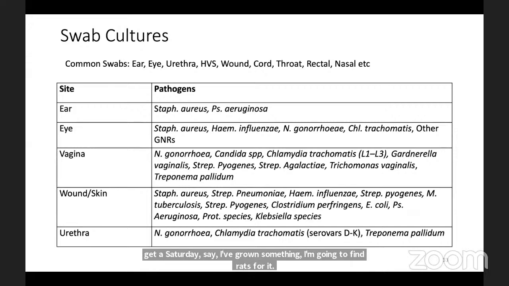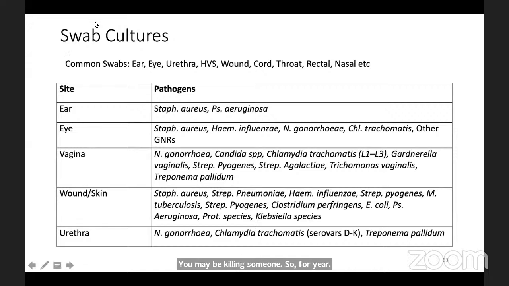So for ear, I wanted to add the comments, but the table was just getting too long. So let's do with this. For ear, some of the common pathogens we can culture are Staph aureus or Pseudomonas aeruginosa. For the eye, we can get Staph aureus, H. influenzae, Neisseria gonorrhoeae. This is often seen in children.